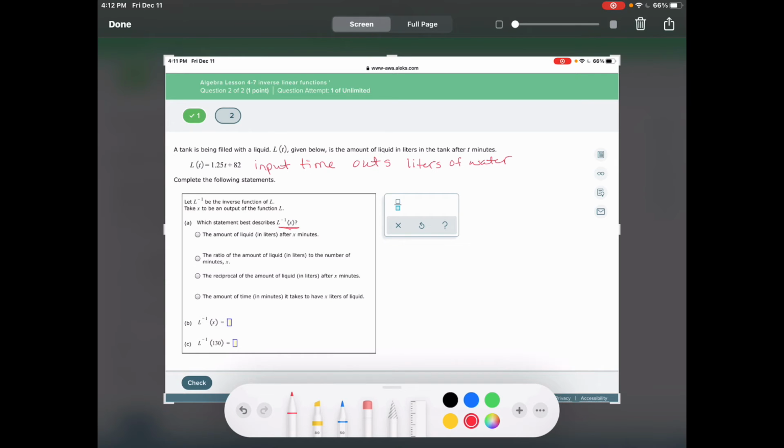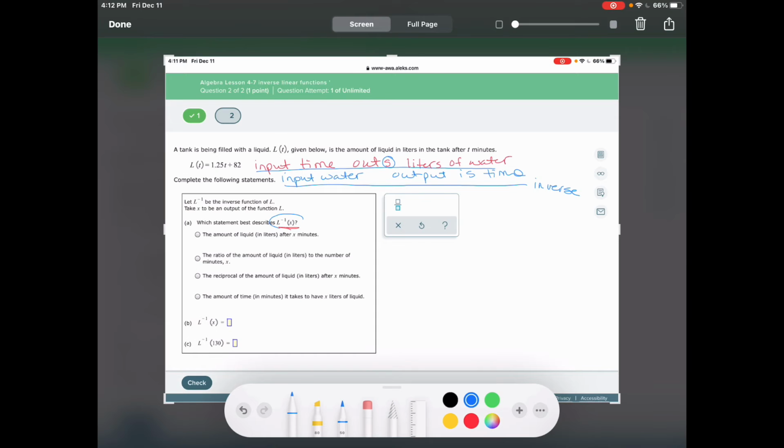Okay, so now that we know what the original one is, my new input is going to be water in liters, and my new output is going to be time. Okay, so this is the inverse. So I have to straighten out what was first, and then I can figure out what it is when I switch their places.